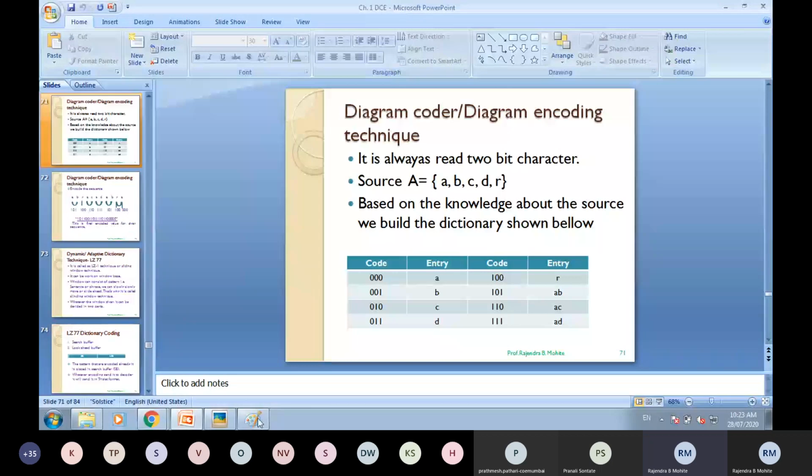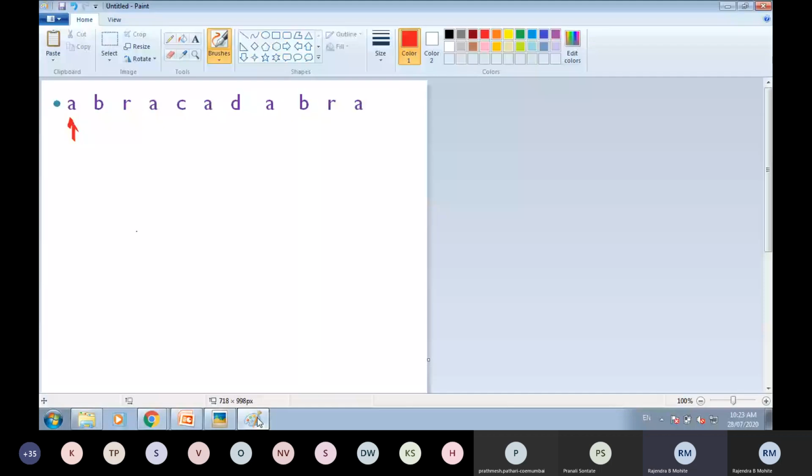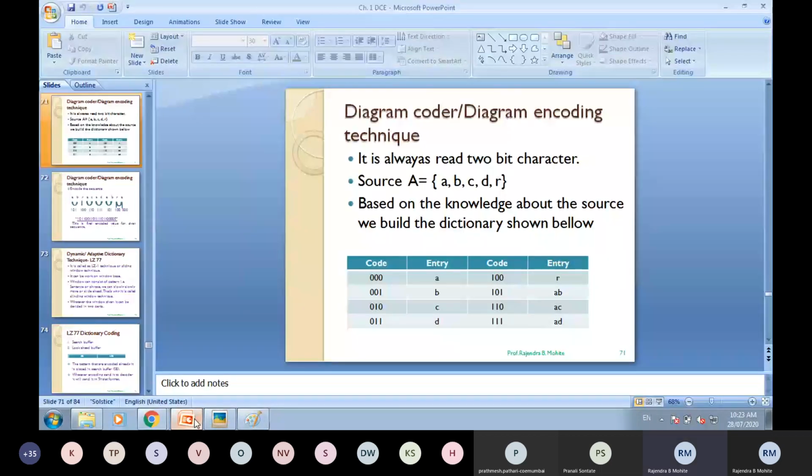Then moving towards the next, we make a pair of 2. Here I am making the pair AB. If I observe the previous table, is there an entry for AB up to R? No, there is no entry for AB.